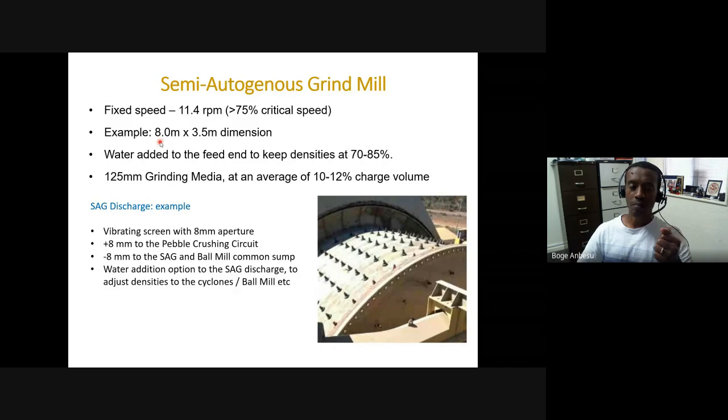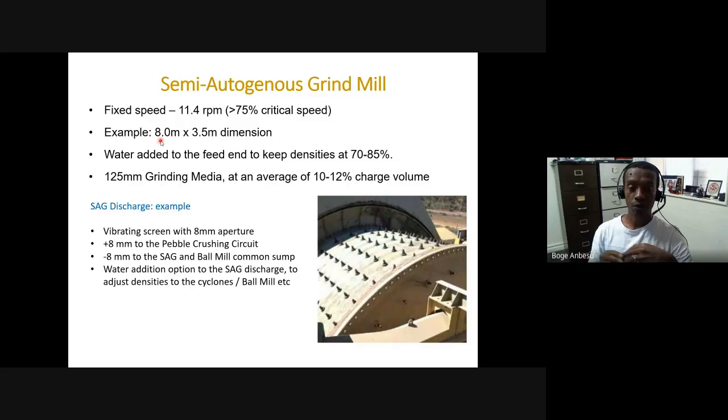But SAG mills can be up to 12 meters in diameter. So we make them really large in diameter, but shorter. Why do we do that? Because we want to obtain sufficient impact, sufficient power in the mill. We want particles to go from a higher height and fall down. So the impact inside the SAG mill is very high.